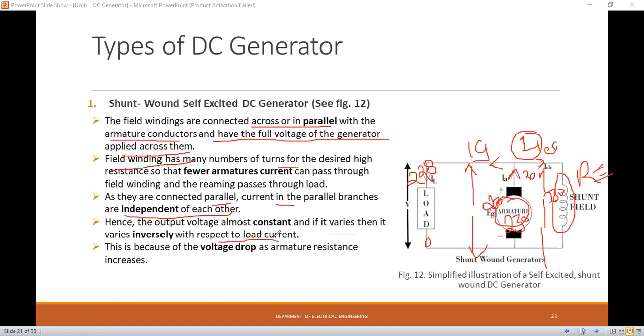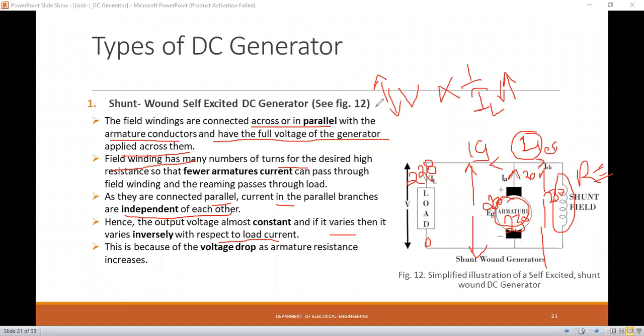Okay, so inversely proportional to the load current, that means V is inversely proportional to IL. That means if V increases, the IL decreases. If the IL increases, then V decreases. Okay, so it is inversely proportional.